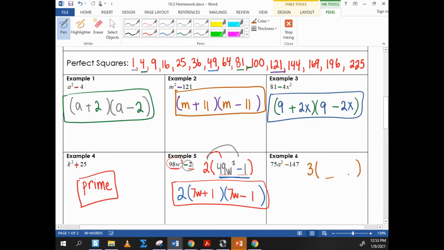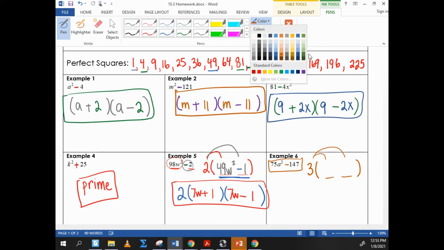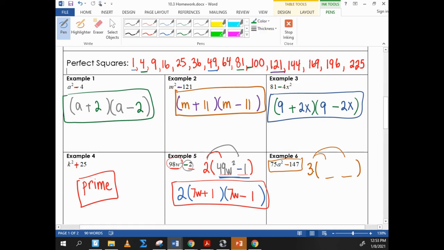Again, I need 2 terms here. Remember, so that when we distribute our 3 to both of those terms, I want to get back to this equation right here. So either grab a calculator and divide, or somehow you've got to figure out what do you multiply 3 with to get 75? Well, it said 25.